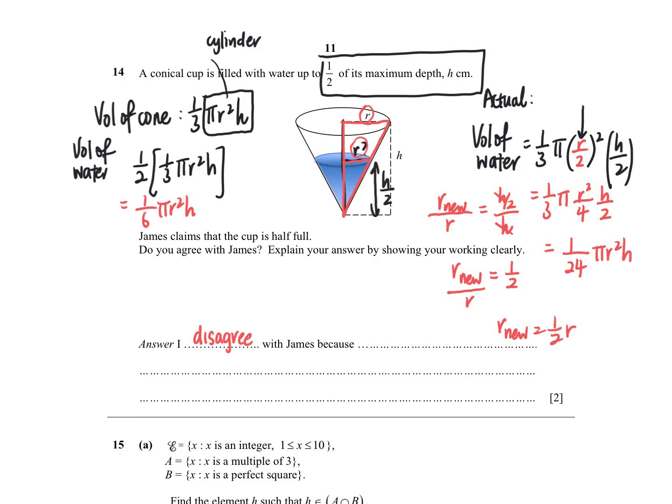So the idea is disagree because you can say that the volume of the water is 1 out of 8 of the entire cone cup. So you cannot just talk about the radius getting smaller.